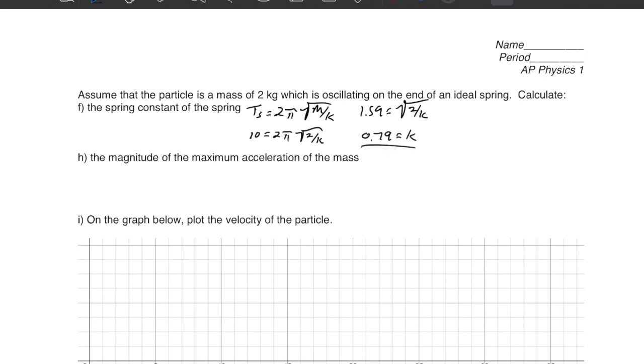What's the magnitude of the maximum acceleration of the mass? Well, again, acceleration is net force divided by mass. In this case, the net force is the force of the spring, which is calculated as kx. So acceleration is force divided by mass. Force is kx, so kx divided by the mass. k we said was 0.79.